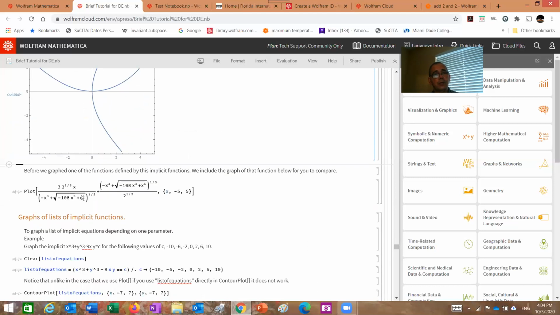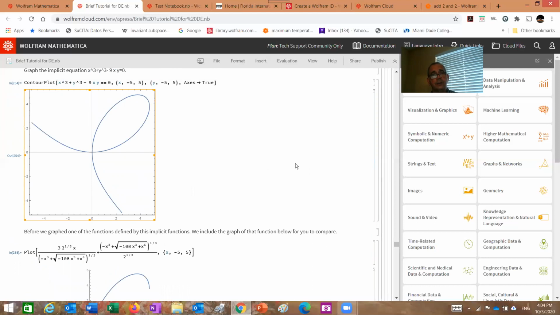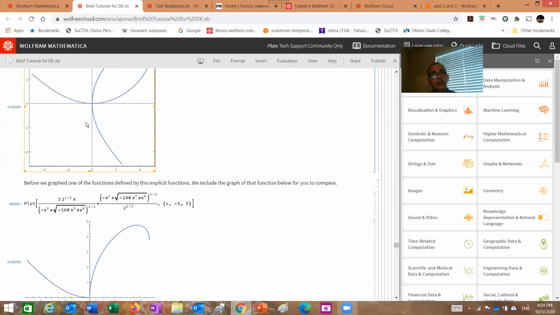So actually this was the expression that we found for that function. And then if you use Plot, notice that now we no longer use ContourPlot, but Plot, and then you press enter, you get this part of that curve. You can go back and compare what part of the curve is given by this formula.